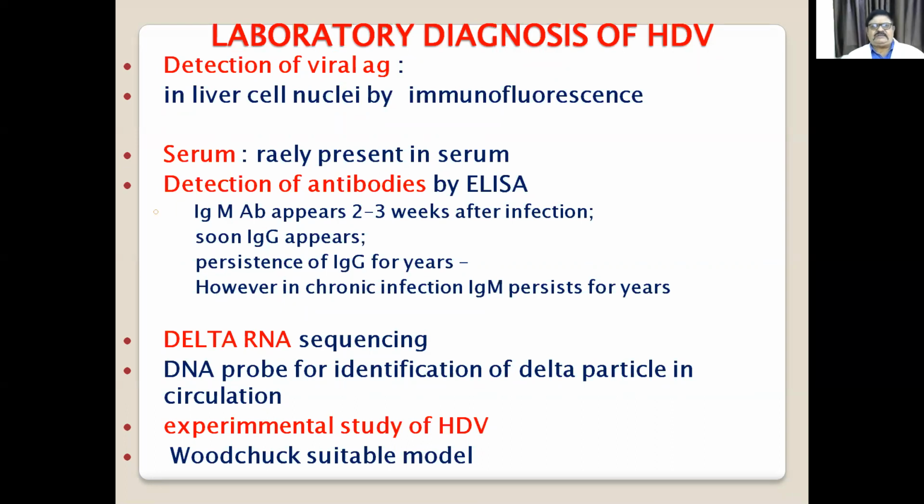For a 2 marks question, you write 4 important points. It is not associated with hepatocellular carcinoma. It is dependent upon hepatitis B virus, only the delta antigen can be found, rarely the serum antibody can be present, and both IgG and IgM may persist for years. That's all.